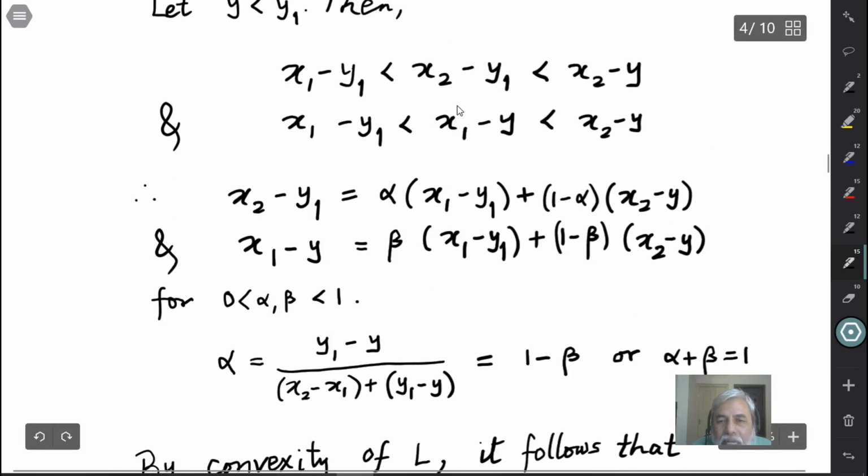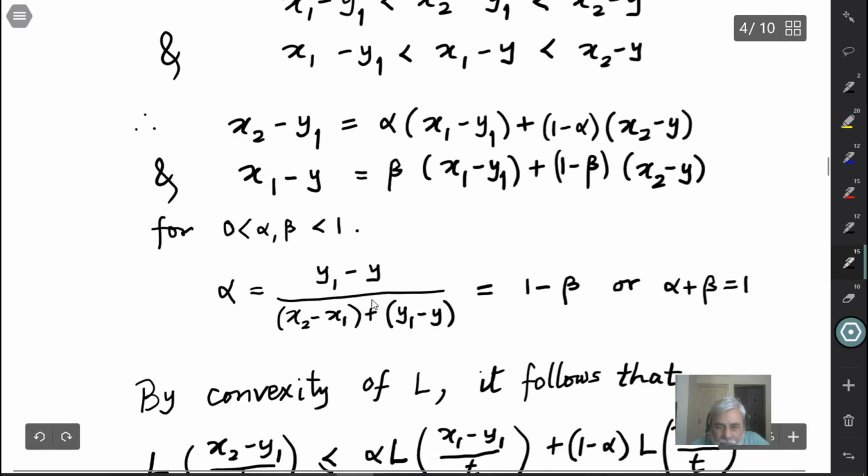So this x1 minus y also sits in between x1 minus y1 and x2 minus y. Therefore we can write x2 minus y1 as a convex combination of x1 minus y1 and x2 minus y, and that's what I have written here. And similarly x1 minus y as a convex combination of x1 minus y1 and x2 minus y.